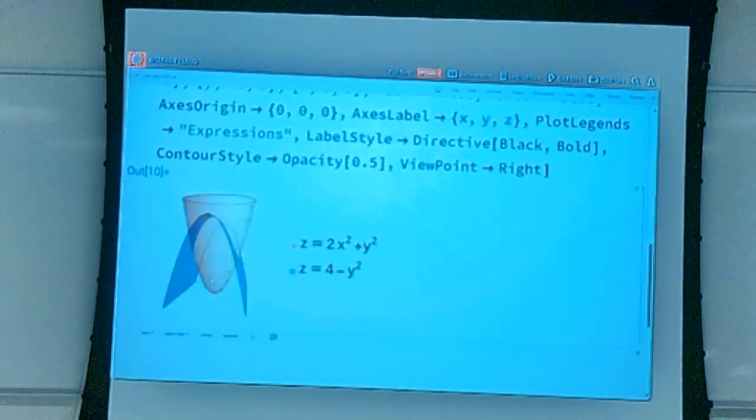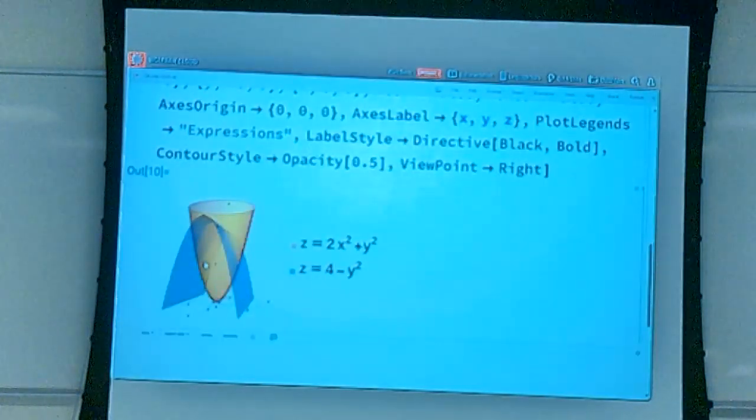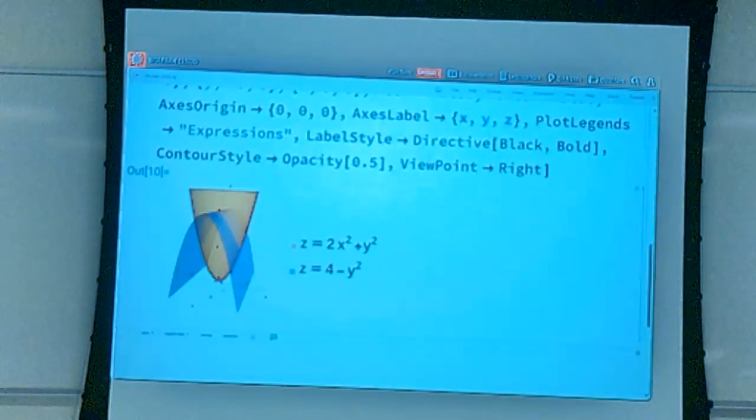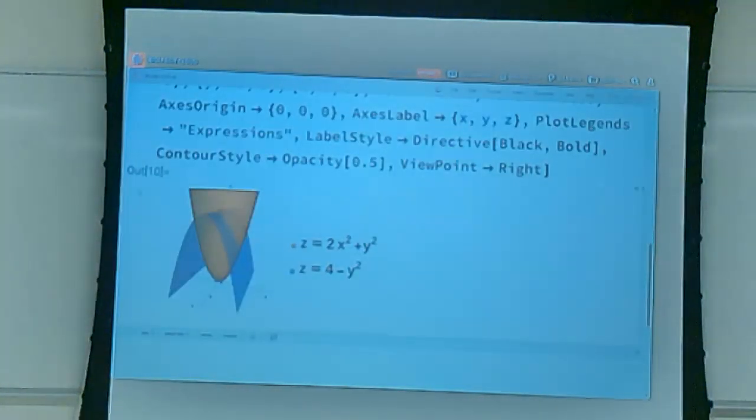This should get us what we want. Z goes from the orange up to the blue, right? X and Y. So I think what I'm going to do, before I mess with this any further, that kind of looks good. Just take a snapshot of this and get it onto the slides.